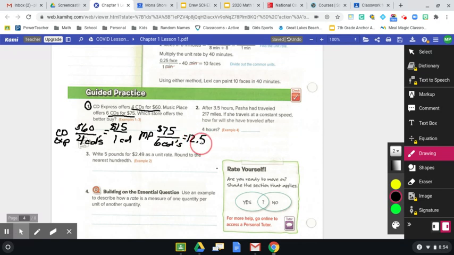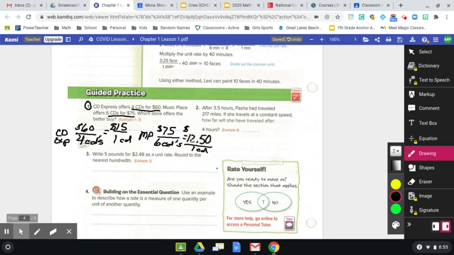Now, it's dollar signs, right? We're talking about money. And so at this point, since you know you're talking about money and you just have to get used to that and understanding the problem, that it's a money problem, we got to put that dollar sign in. But the other piece here too is you can't forget the 0. So it's not like you're going to say $12.5. It's $12.50 per one CD.